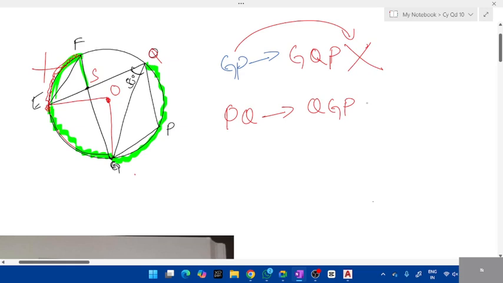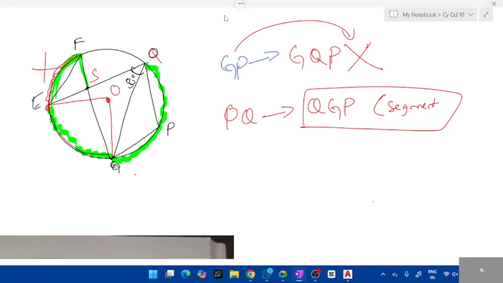Nothing is formed. So only a segment is formed here, students. This is only a segment. So this is what you call a segment, QGP. It can be anywhere. You can go clockwise and anti-clockwise. You should learn how to figure out triangle, segment, and sector.